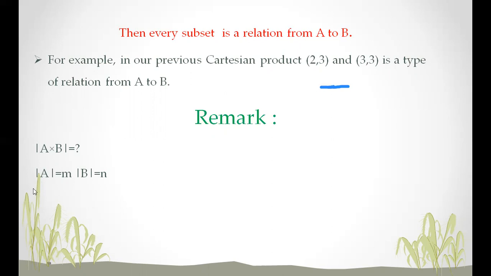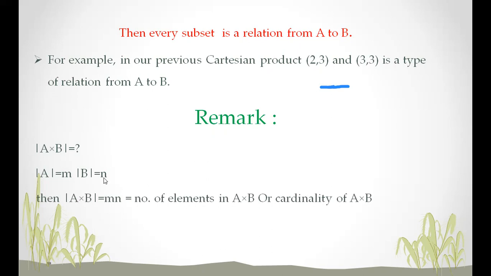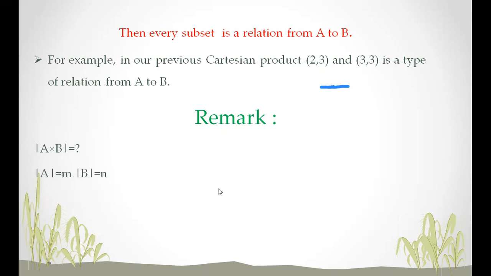What is order? The number of elements in set A is the order of A, or we say its cardinality. A has exactly m elements, B has exactly n elements. So how many elements does the Cartesian product of A and B contain? A cross B has exactly mn elements. The number of elements in A cross B, the Cartesian product, is its cardinality.